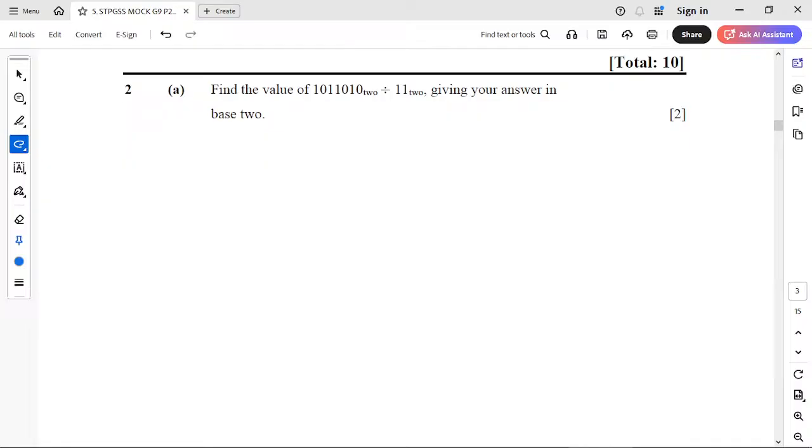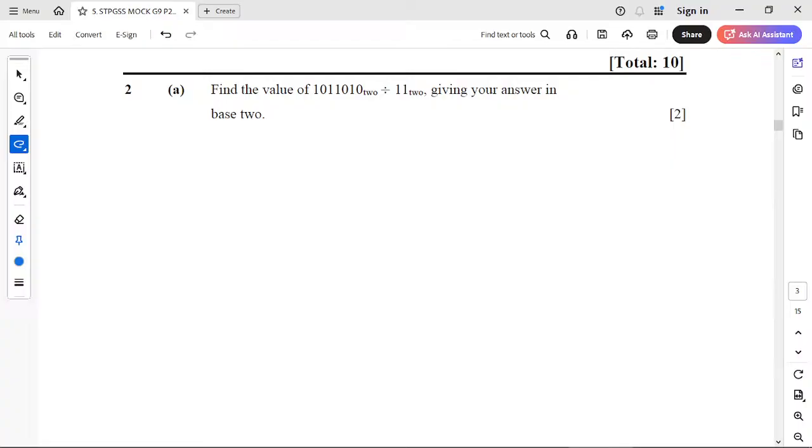We come to question 2. Question 2, we are asked to find the value of 1011010 in base 2 divided by 11 in base 2, giving your answer in base 2. So we need to find the quotient of that expression in base 2.